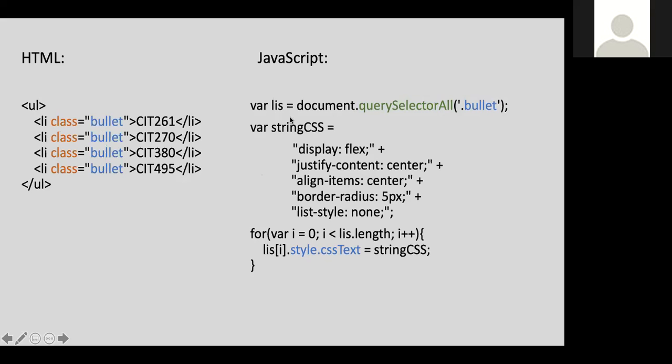And in the JavaScript, I'm using querySelectorAll with .bullet to target all of them together at once. Then I'm building the string of CSS properties here, and then I'm looping through the set of elements and assigning this string of properties. And I think this is it.